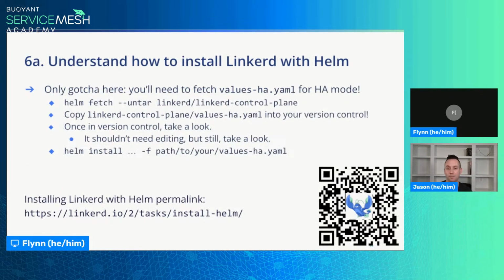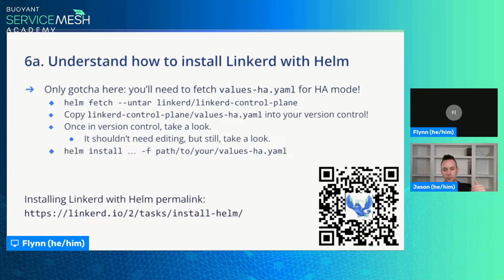Perfect. Let's talk about installing Linkerd with Helm. It's pretty straightforward. As we mentioned earlier, you can set up your own values file for any particular customizations that you have to Linkerd. That being said, it's worthwhile to always go grab the HA values file. It's going to set up all the things that you need to install Linkerd in HA mode.